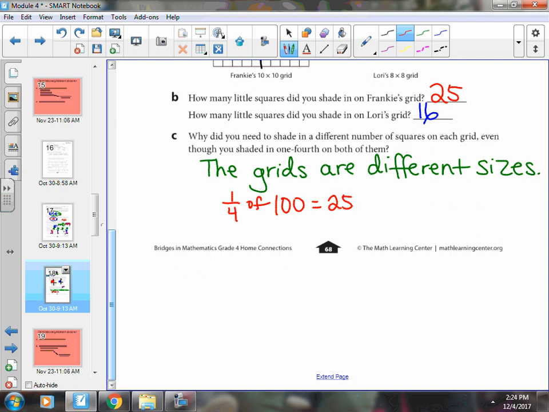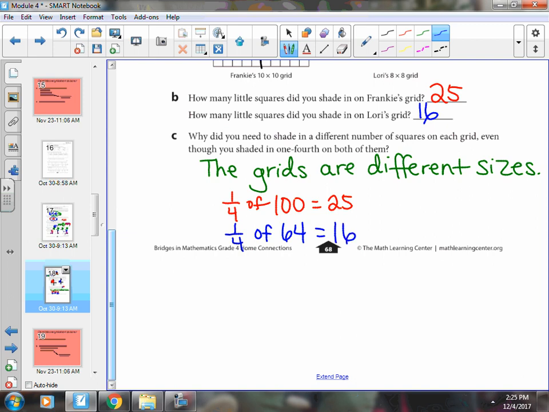If I cut 100 in half, and then in half again. 1/4 of 100 is 25, and 1/4 of, let's see, Lori's was 8 by 8, so that's 64. And if I cut 64 in half and then in half again, that's 1/4 of 64, which is 16.